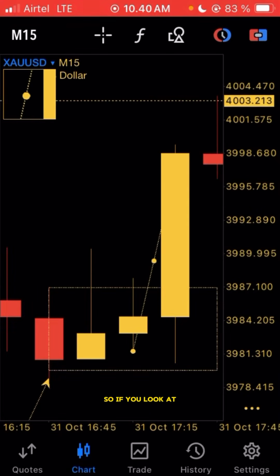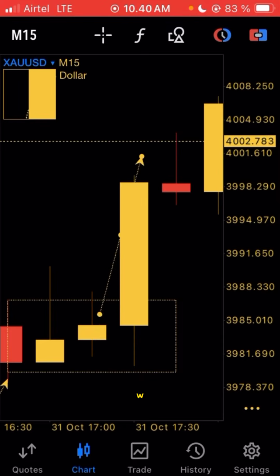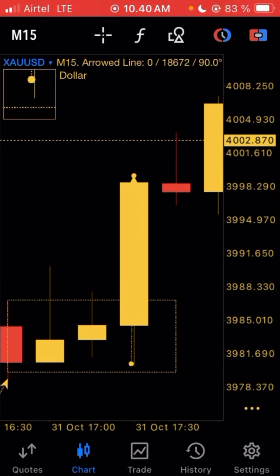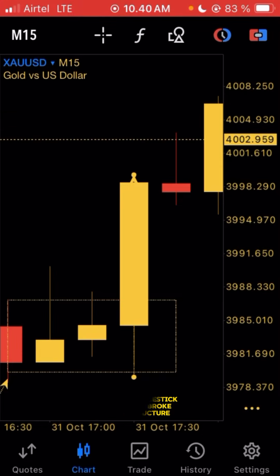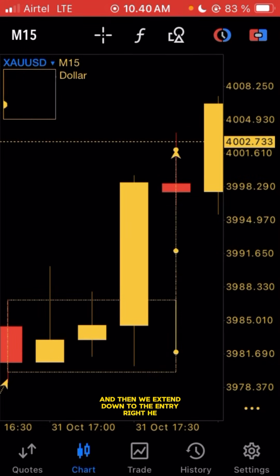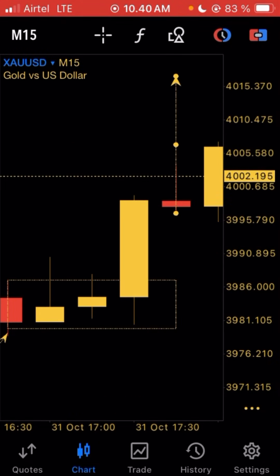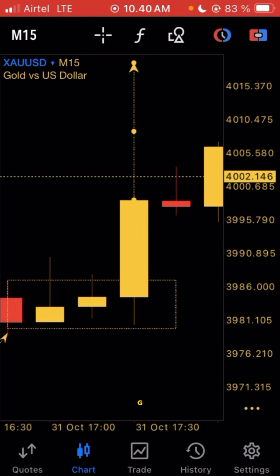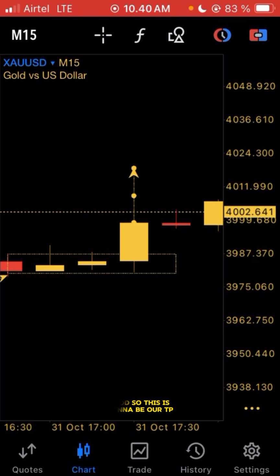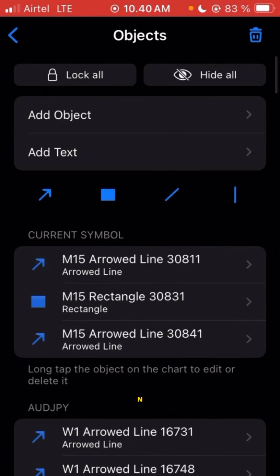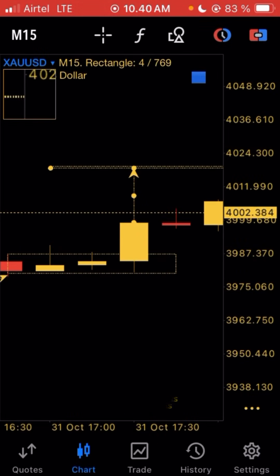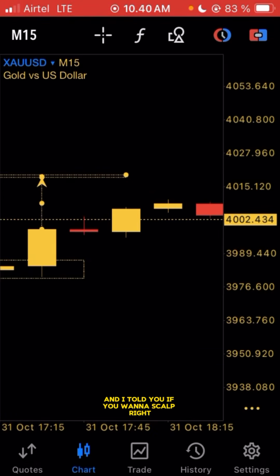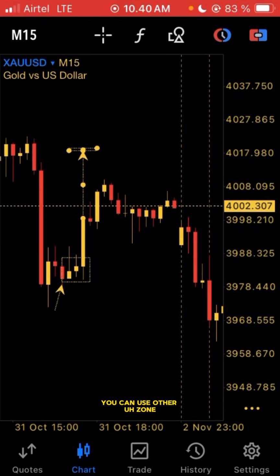So if you look at this, we have this candlestick. We look at which candlestick actually broke the structure, and then we extend down to the entry right here. Okay, good. So this is going to be our TP. Now remember, this is the 15-minute time frame, and I told you if you want to scalp, you can use other zones.